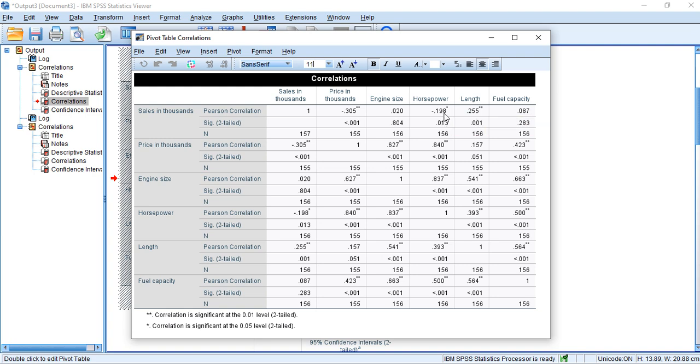So looking at horsepower, it has a correlation amount of 0.198. That's a negatively weak correlation, and it has a significance of 0.013, which is less than 0.05.